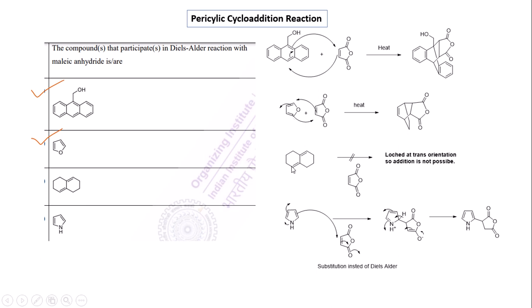But here the double bond is locked in the trans conformation, so the Diels-Alder reaction does not take place. In the case of pyrrole, simple conjugate addition and aromatization give the substitution product instead of the Diels-Alder reaction. So the answer to the given problem is that the anthracene derivative and the furan derivative participate in the Diels-Alder reaction.